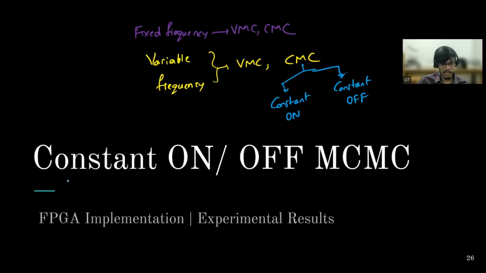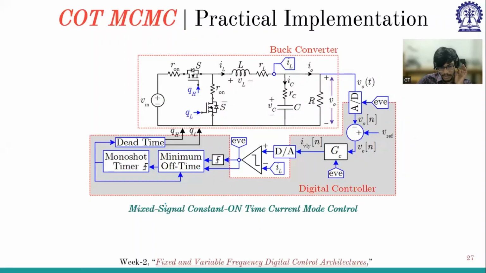We'll thoroughly discuss its architecture, and then we'll see the FPGA implementation and a few experimental case studies. All these aspects, constant on time, off time, why minimum off time is needed, why minimum on time is needed, we have discussed in week 2 of this lecture. This is the YouTube link of our discussion. You may refer to that if you have some difficulty in understanding.